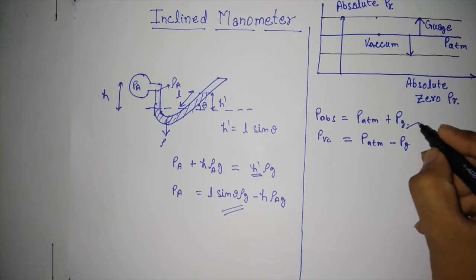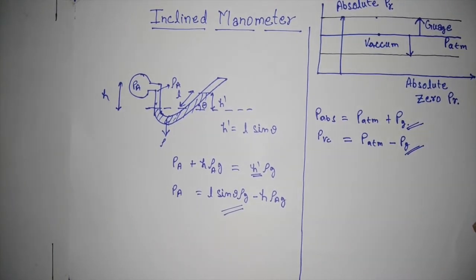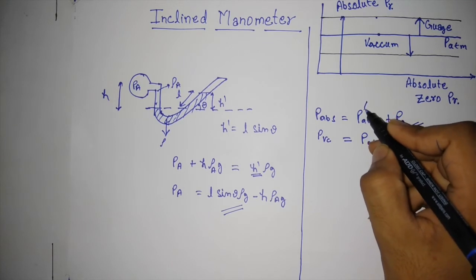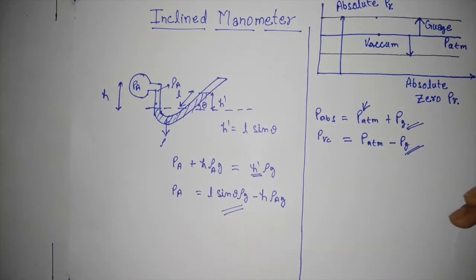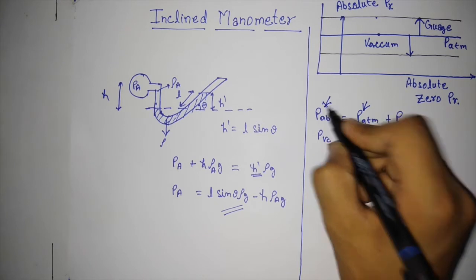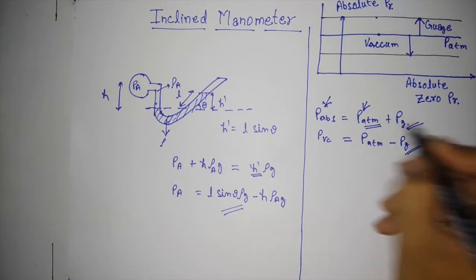This absolute pressure and vacuum pressure are really required while solving some numericals, because somewhere you need to find only the gauge pressure, that means the atmospheric pressure is not included, while somewhere you need to find the absolute pressure where you have to include the atmospheric pressure.